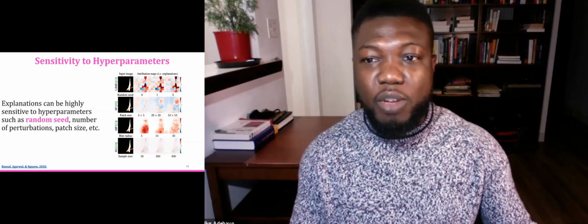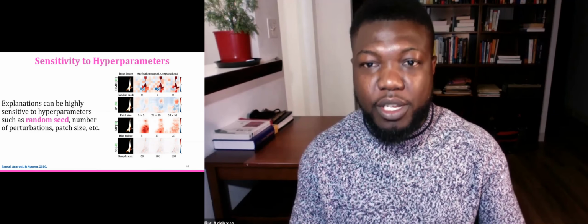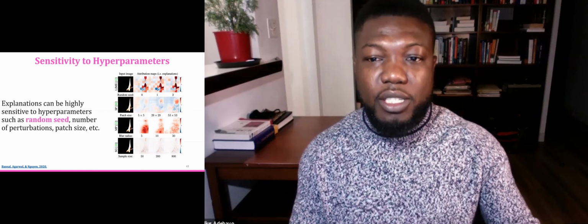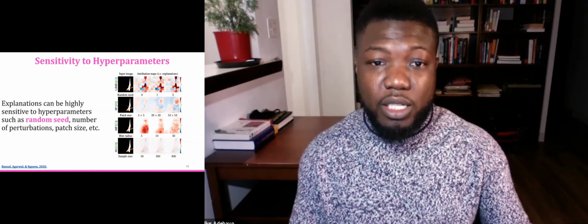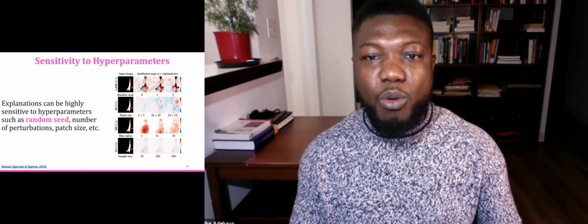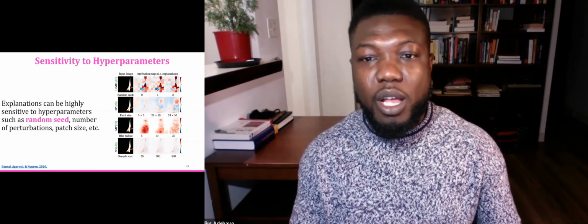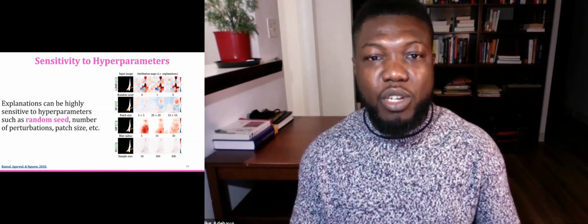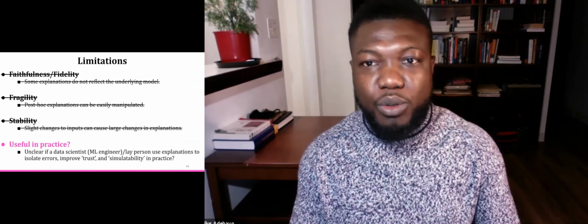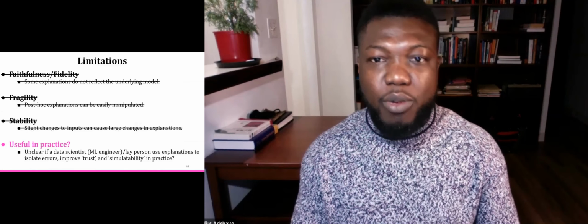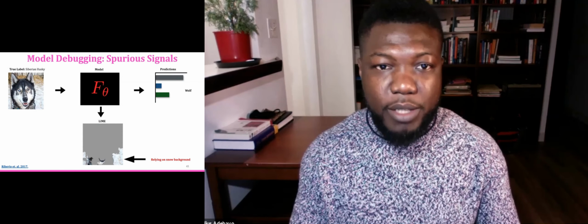It doesn't depend on the number of perturbations in the explanation function. Yet, changes in these parameters affect the explanation output, which is not a desirable property. And so more work needs to be done to make explanation methods not sensitive in this manner. We'll now move to the last limitation, around whether explanations are useful in practice.